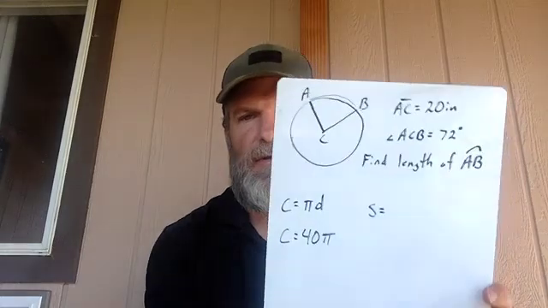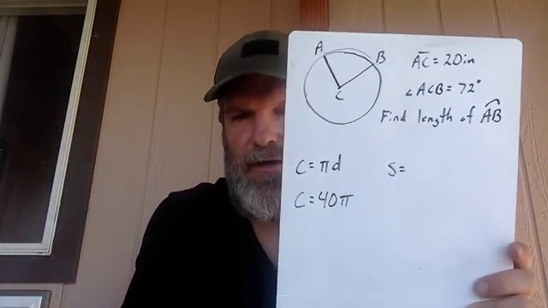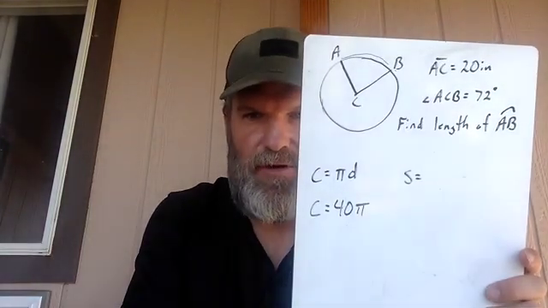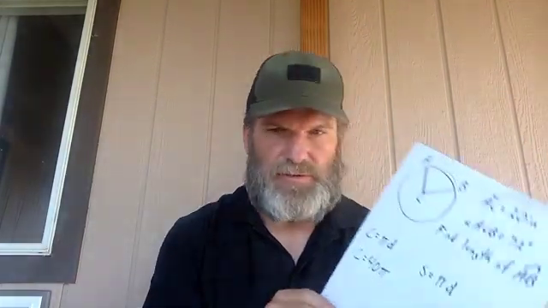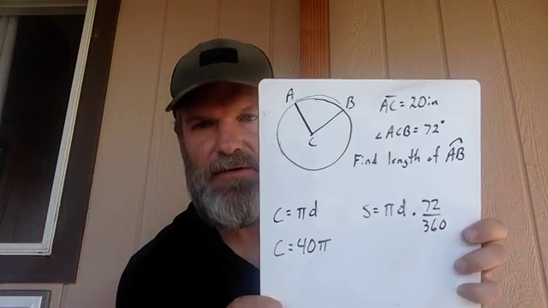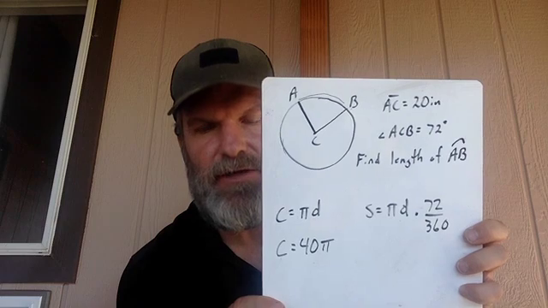That's called an arc, and an arc gets its own symbol. It's no longer C, now it's S. S stands for arc. And S is pi times diameter, because we're doing circumference, but it's part of the circle, not the whole thing. So you multiply it by 72 over 360, because we were given that angle ACB is equal to 72 degrees.